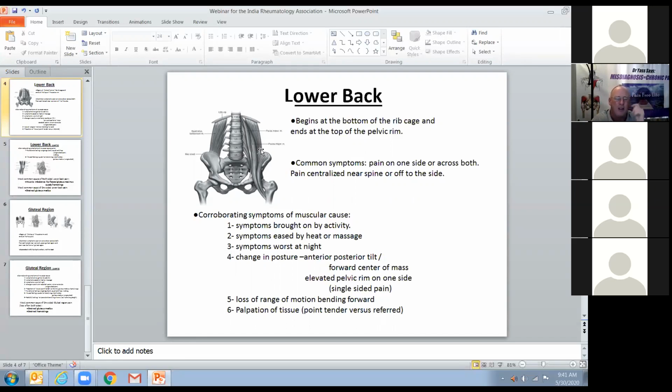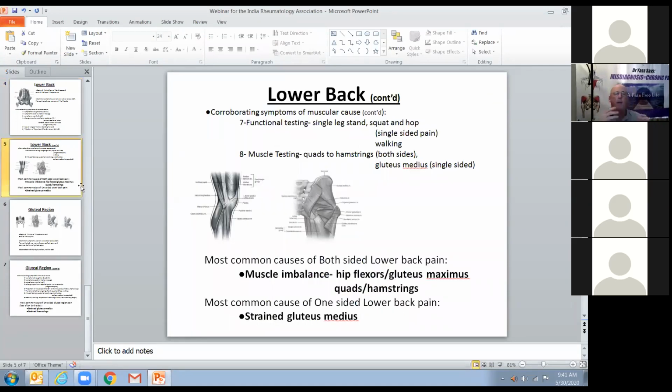The American College of Physicians wrote that position paper. If you simply replace the word non-specific with muscular, you'll start to understand why all the treatments relating to the spine didn't work. Okay, we're going to continue on, a couple more.